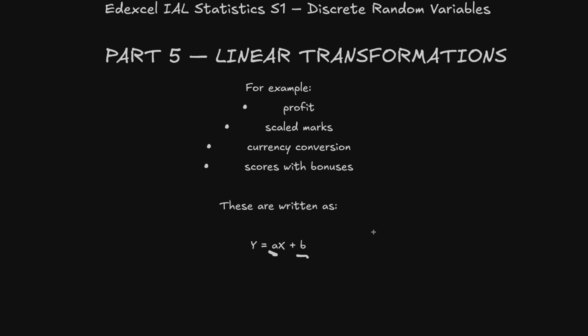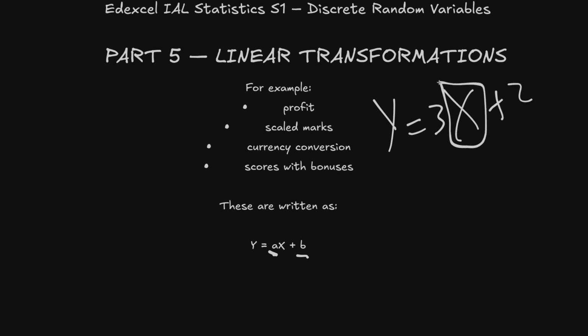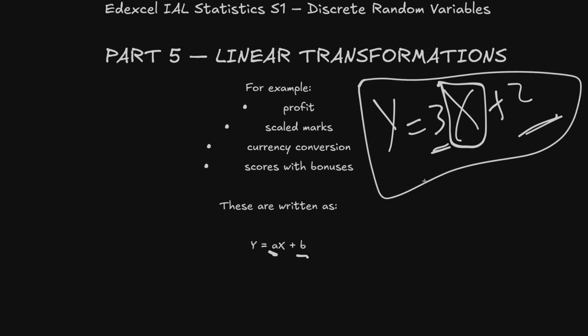A basically changes the scale and b shifts the value up or down. For example, if we have y equals 3x plus 2, we take this x variable, we multiply it by 3, and then we shift it or add it by 2. And any transformation we make could work in any other measure in statistics.